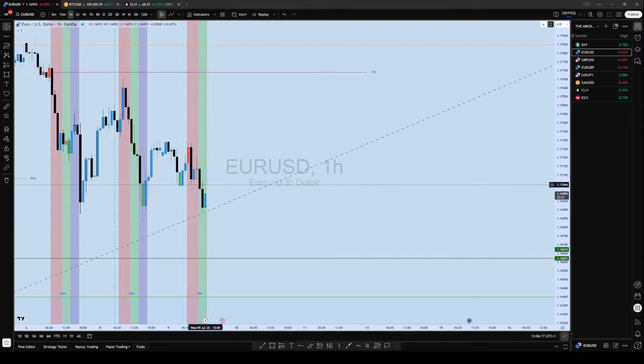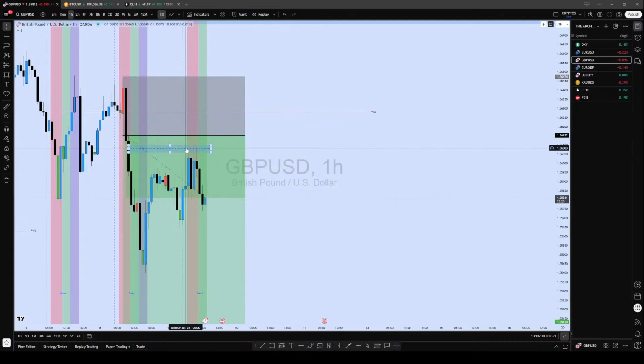You're watching for the New York session to give you an order block or a fair value gap. Okay, so an order block or a fair value gap during the New York session, then you can use it to take a trade to the 1.1667 level.